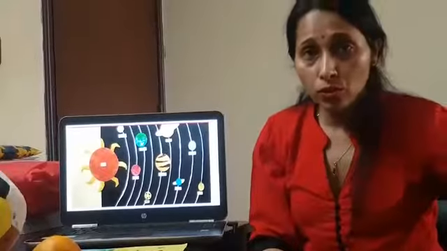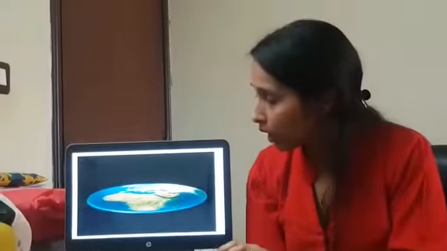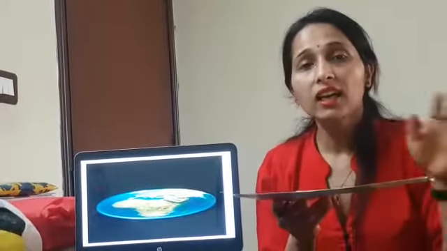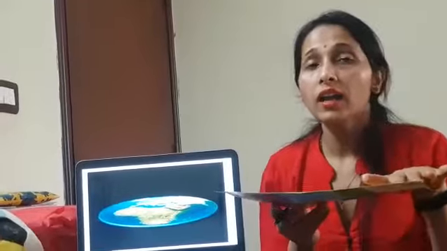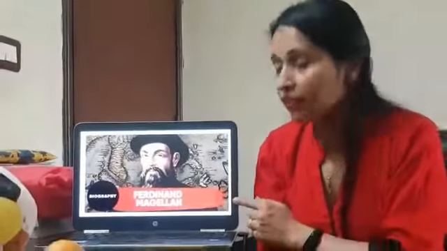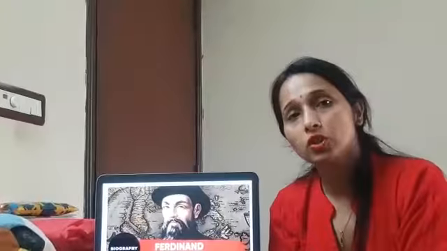But students, do you know that many years ago, people used to believe that Earth is flat in shape. They used to believe that if they traveled too far, after a certain point they would reach the edge of the Earth, the end of the Earth, and they would fall down. But this was proved wrong by Ferdinand Magellan, who was a Portuguese sailor.